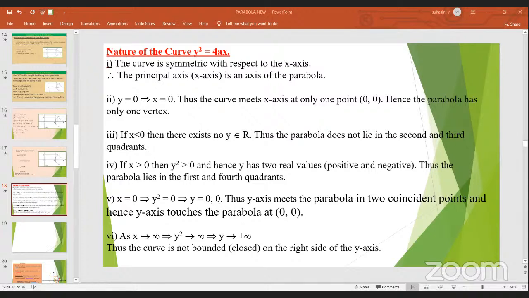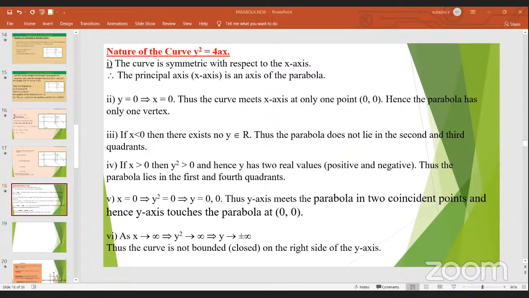And now if you take a point on the parabola, 1, 2, 3, 4 units above the x-axis. Similarly, 1, 2, 3, 4 units below the x-axis also, we shall get a point on the parabola. That means for every value of y, we shall get 2 points on the parabola.